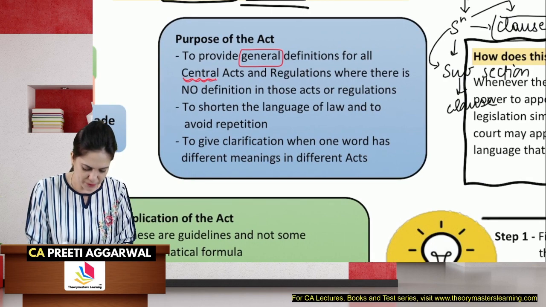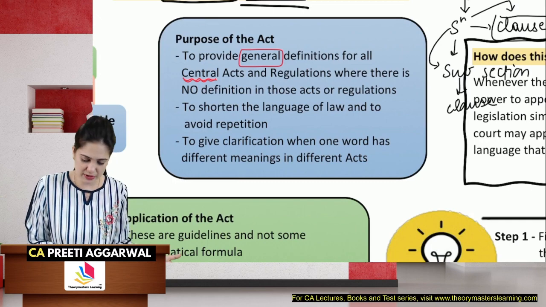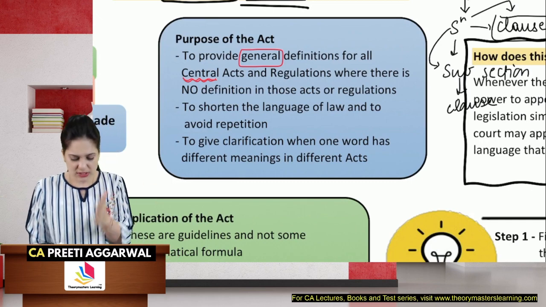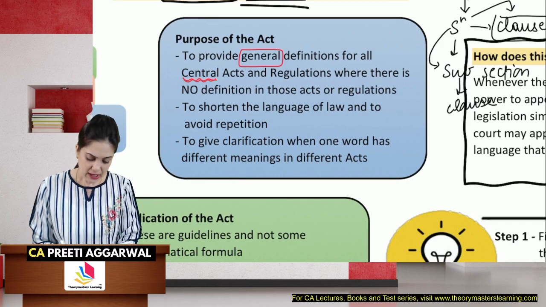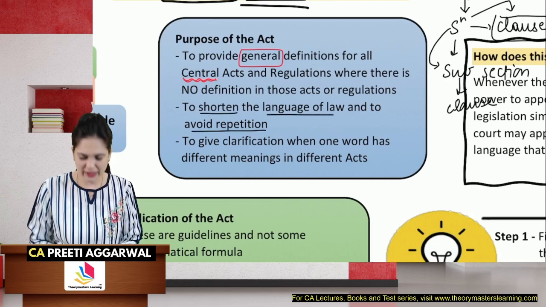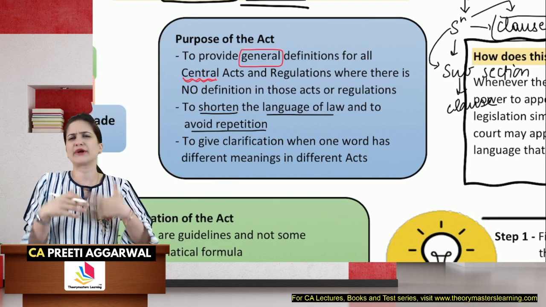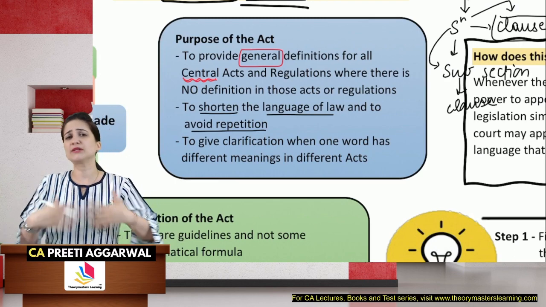Central act means acts which apply to the whole of India. So they give definitions for all the central acts and regulations where there is no definition in those acts or regulations. Okay, it shortens the language of law and it also avoids repetition. By defining the word at one place, we are shortening the language of law and also avoiding repetition by explaining the word again and again.